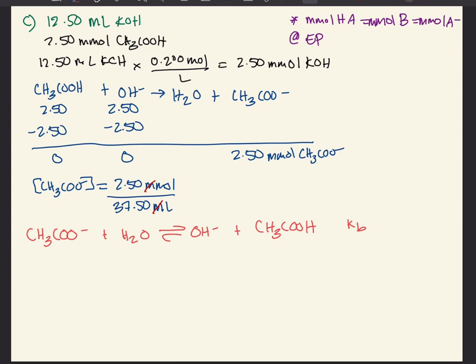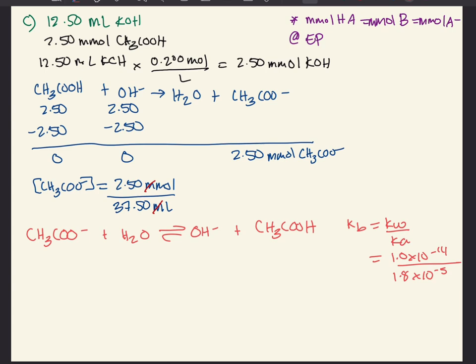And since this is the opposite process of the acetic acid dissociating in water, our Kb is going to be equal to Kw over Ka. So in this case, it's going to be equal to 1.0 times 10 to the negative 14 divided by 1.8 times 10 to the negative 5.